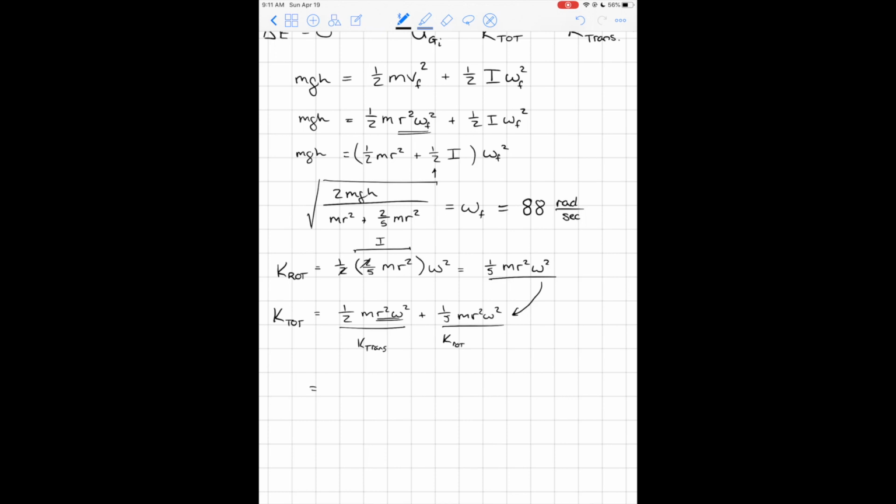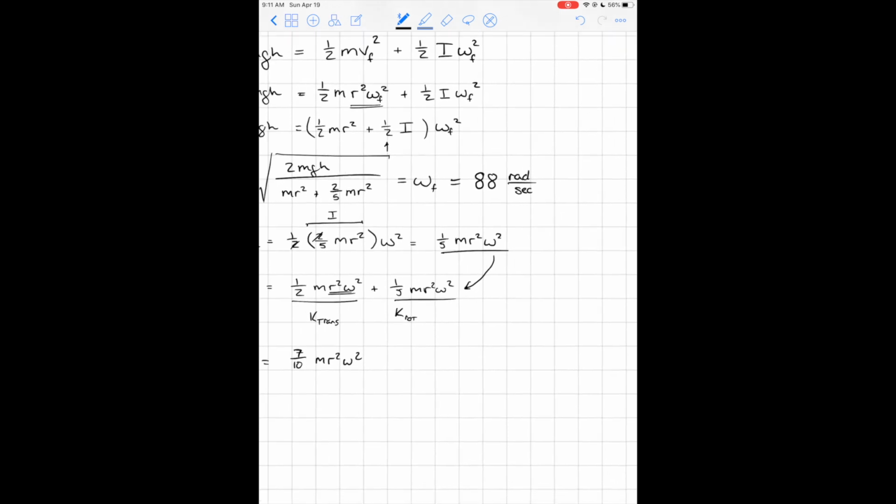So if I add this up, the least common denominator here, it's going to be 5/10 plus 2/10, so I got 7 over 10 times mr squared omega squared. It's weird looking, but that's our total kinetic energy.